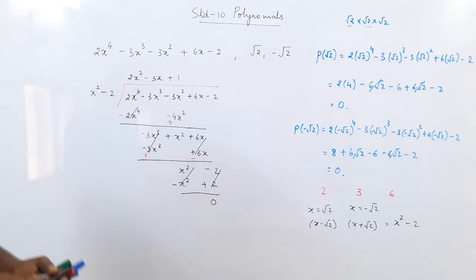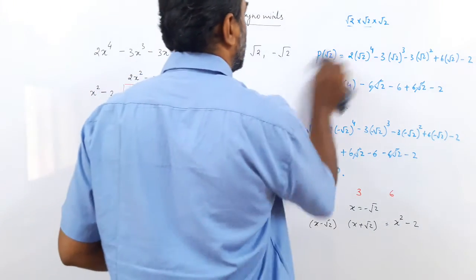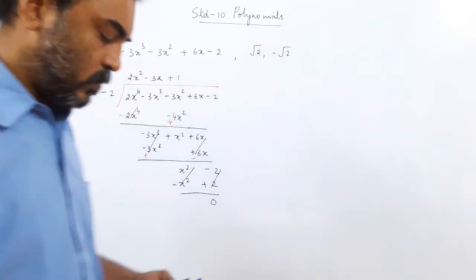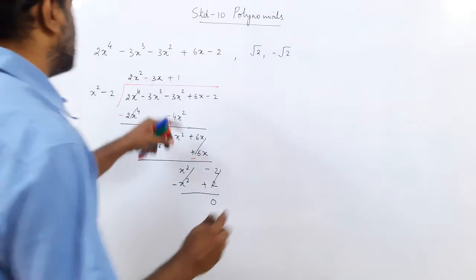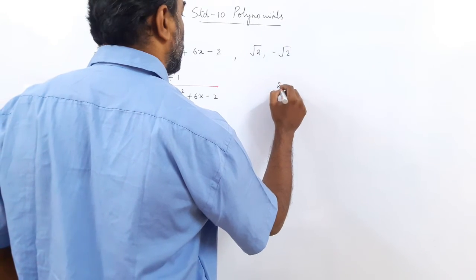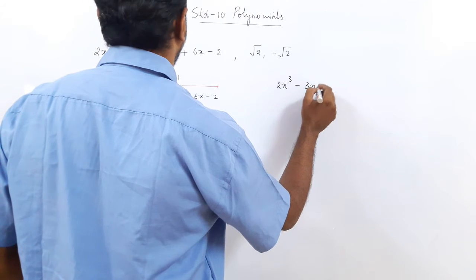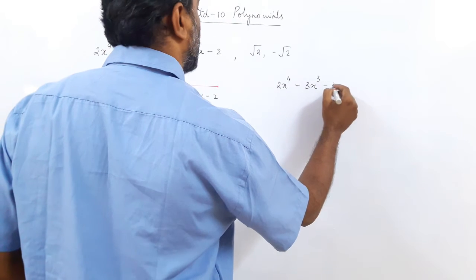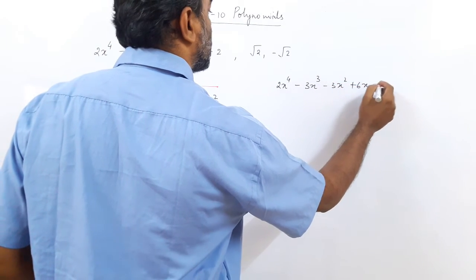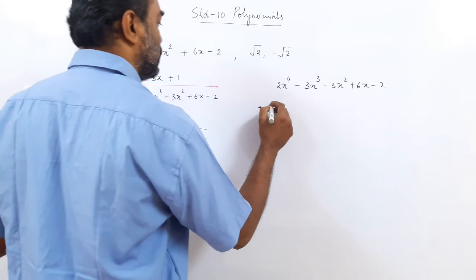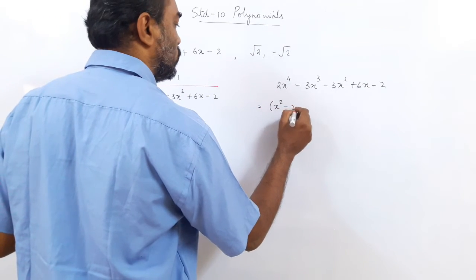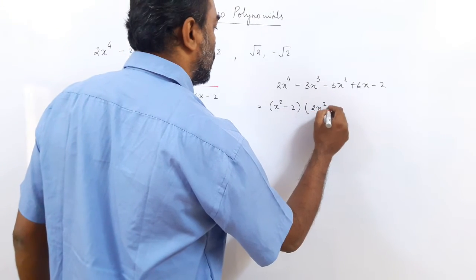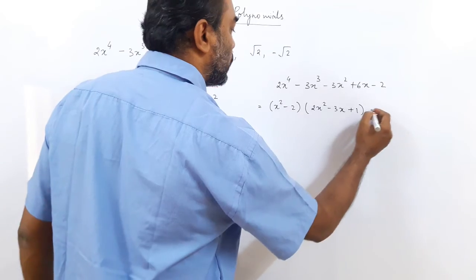So how can we write this down now? We'll write this down as, this is now equal to, the sum 2x raised to 4 minus 3x cube minus 3x square plus 6x minus 2 will now be written as x square minus 2, the divisor, into the quotient 2x square minus 3x plus 1 plus the remainder.